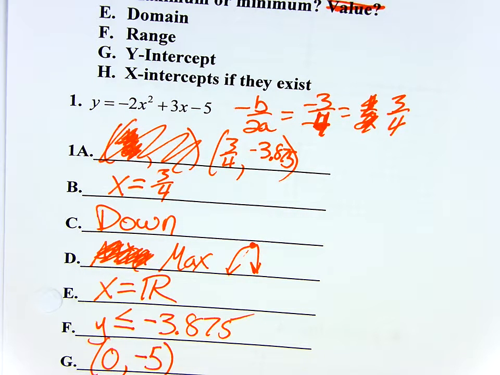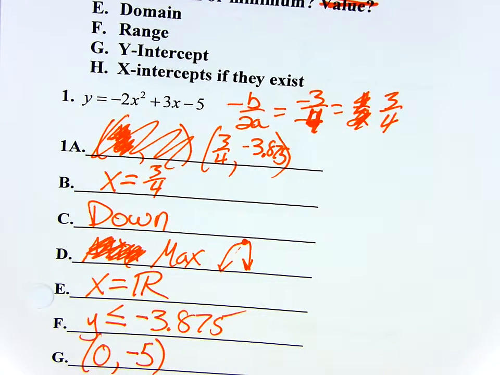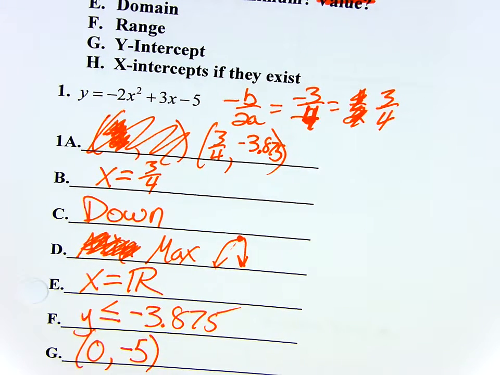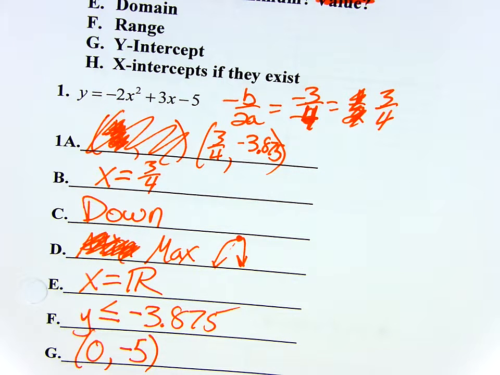We just went over this. You put in 0 for y. Right, you do the opposite. So if I'm trying to find the y-intercept, I put in 0 for x. If I'm trying to find the x-intercept, I plug in 0 for y.